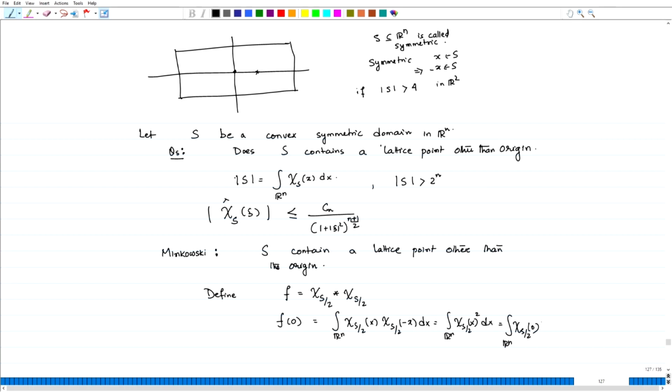Because this function is 0 or 1, its square is equal to itself, and by our definition this is the volume of S divided by 2 to the power n.